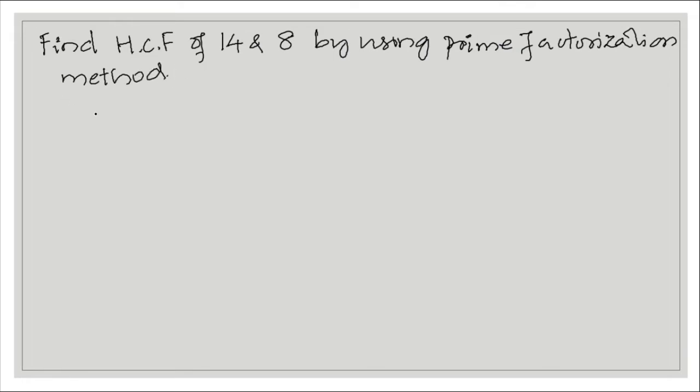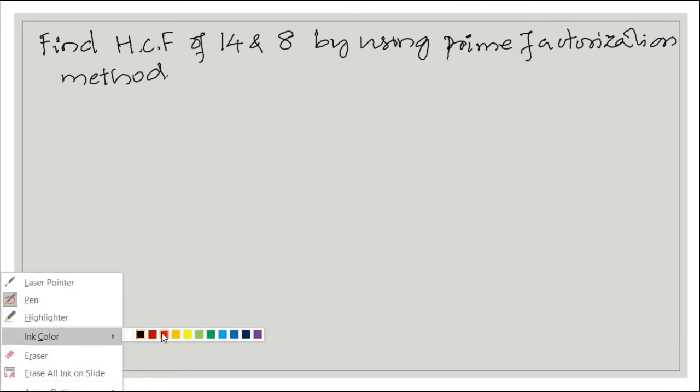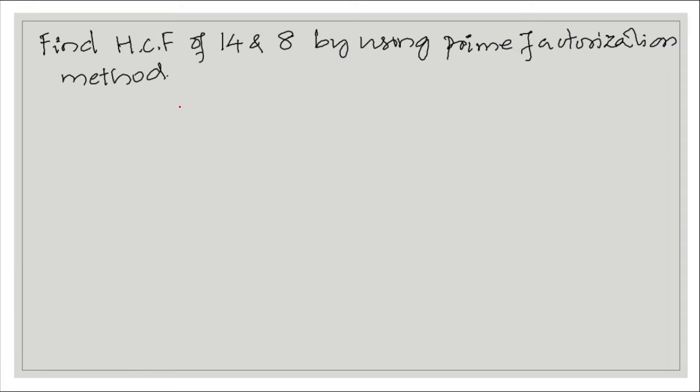As the first step tells us that we have to find the prime products of the given numbers separately. So I have to divide and get prime product of 14 as well as 8.